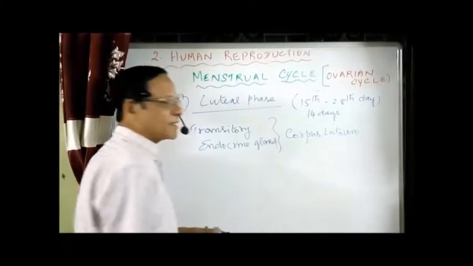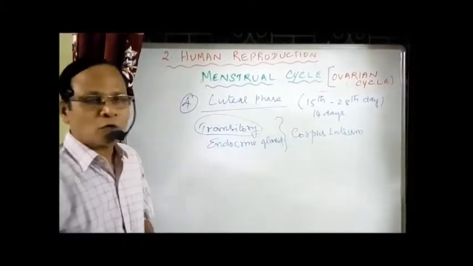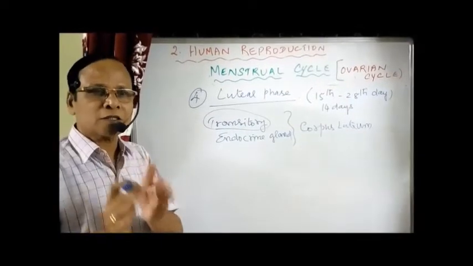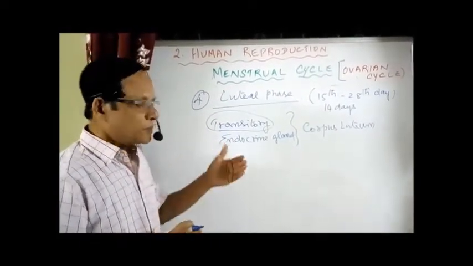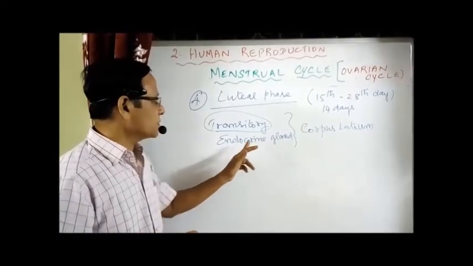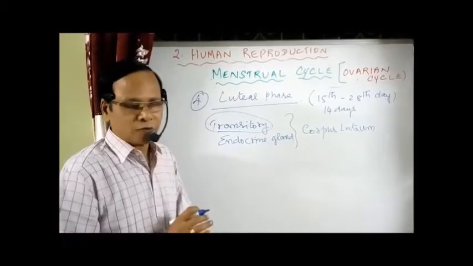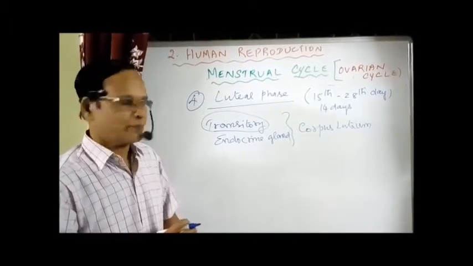Transitory means temporary, because it persists only if fertilization occurs and pregnancy is proceeding. It is a yellow colored structure, hence the name luteum.